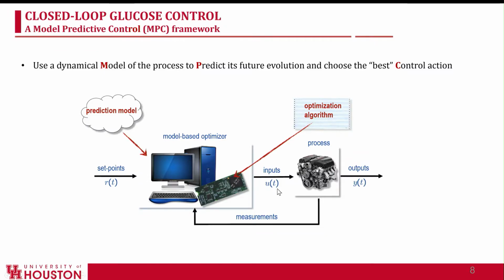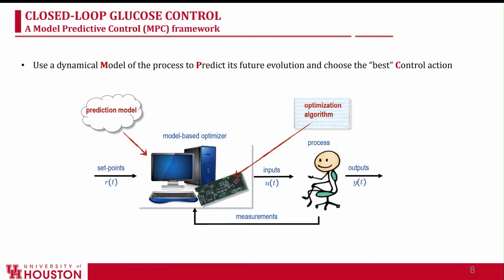As with all control strategies, the idea is to compute control inputs that we're going to give to the process, in our case, the patient, so that the output of interest, glucose concentration in our case, reaches as close as possible to the set point, okay? We do this in a feedback loop, using measurements that we collect from the patient, so that we can update our control law. Now, a feature of the model predictive controller is that it uses a model of the dynamics, okay?